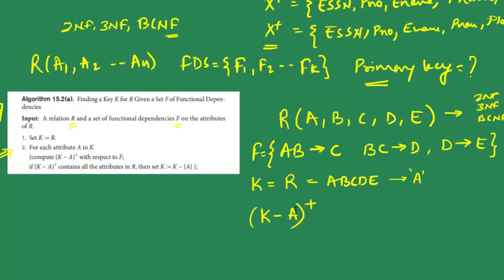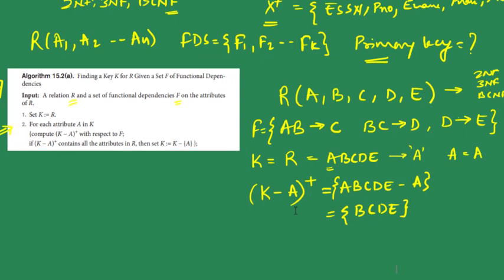Okay, so let us take the first attribute A is A itself. That is the first attribute is A here. So K is all of this A, B, C, D, E, and if I subtract A, what I get is A, B, C, D, E minus A, which is nothing but B, C, D, E, because I have removed A from here.